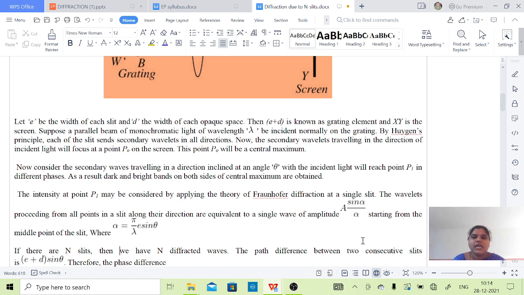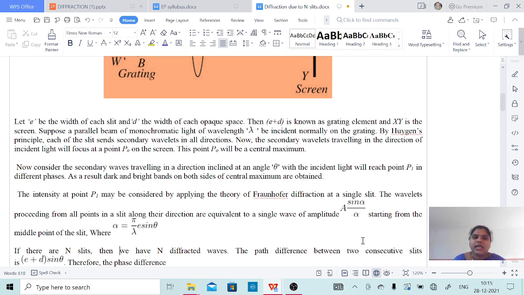The secondary wavelets traveling in the direction of the incident light will focus at point P0 on the screen and make the central maxima P0.